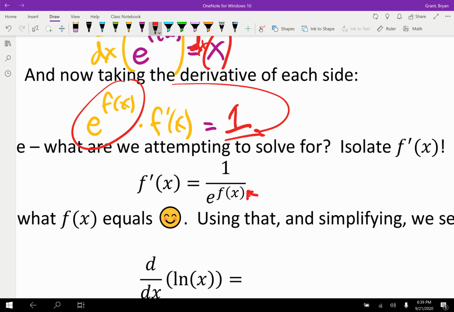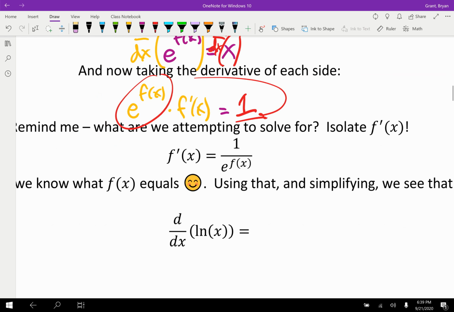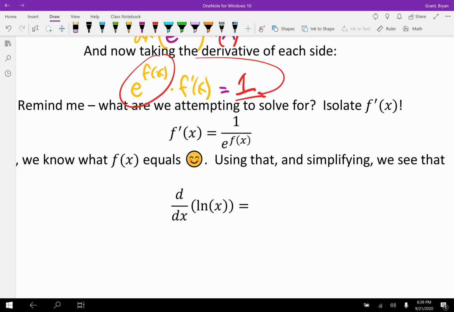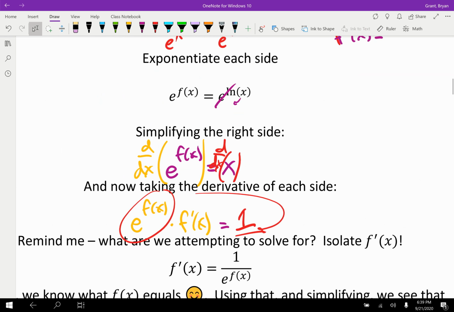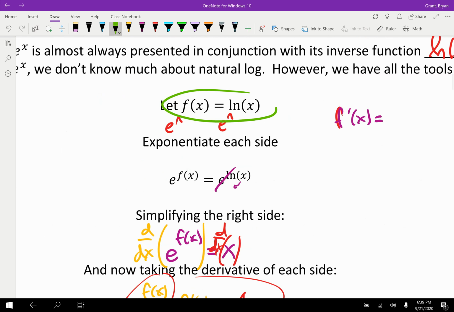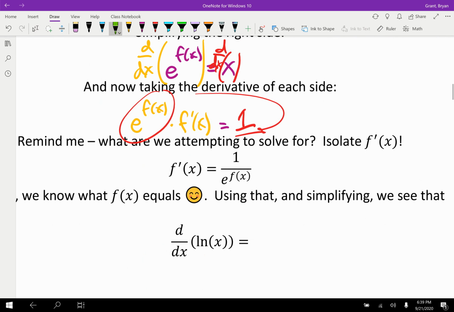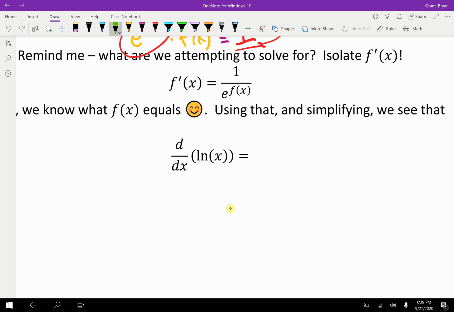It's kind of, I don't know, cyclical here. So what we're going to do instead is we know what f of x equals, don't we? We know that f of x from the very beginning is the same as natural log of x. So let's take this and replace e to the f of x with e to the natural log of x, or, canceling down, 1 over x.